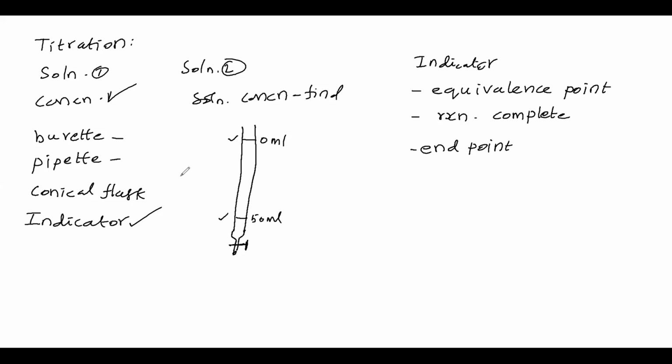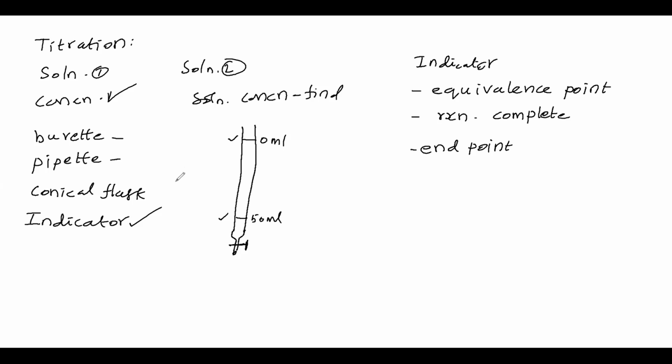Why use a precipitation indicator? The precipitate itself we are able to see, but can we see the starting point of precipitation? No, we cannot. Therefore an indicator is required which will indicate the starting point of precipitation.